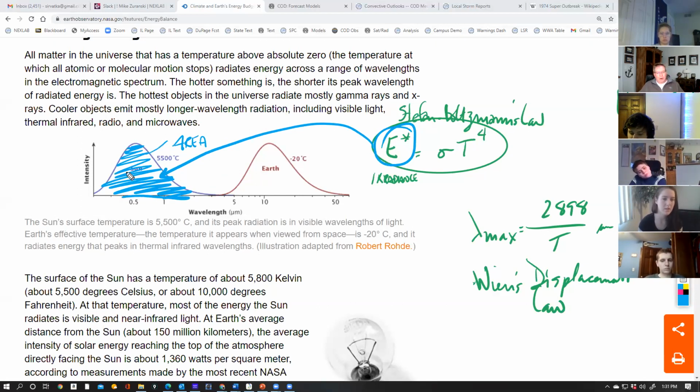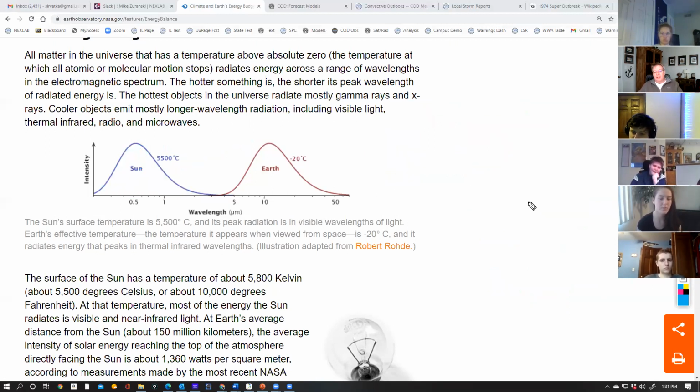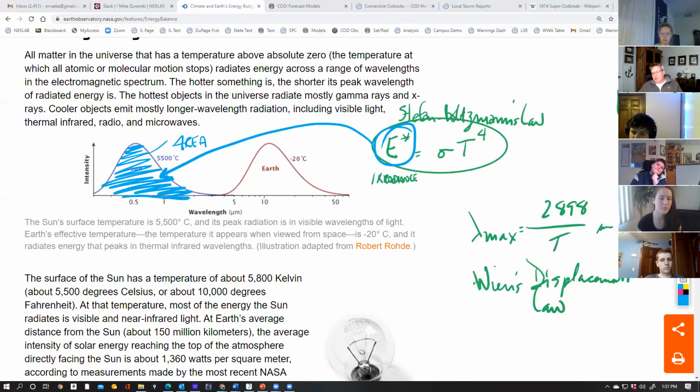Now, Lena, we said the perimeter goes on forever, but the area is finite. Well, that area represents the amount of energy, or at least the total rate of energy flow from a black body. And we already said that the sun flows at 160,000 times more than the earth.